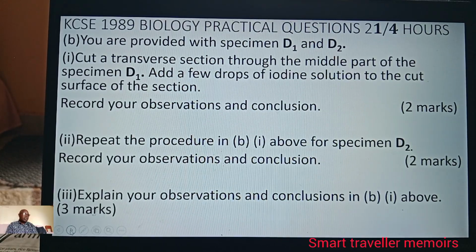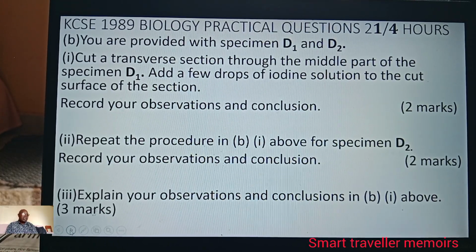Record your observations and conclusion, you get 2 marks. Repeat the procedure in B1 above for specimen D2, that is the ripe tomato. Record observations and conclusions, 2 marks. And Roman 3, explain your observations and conclusions in B1 above.